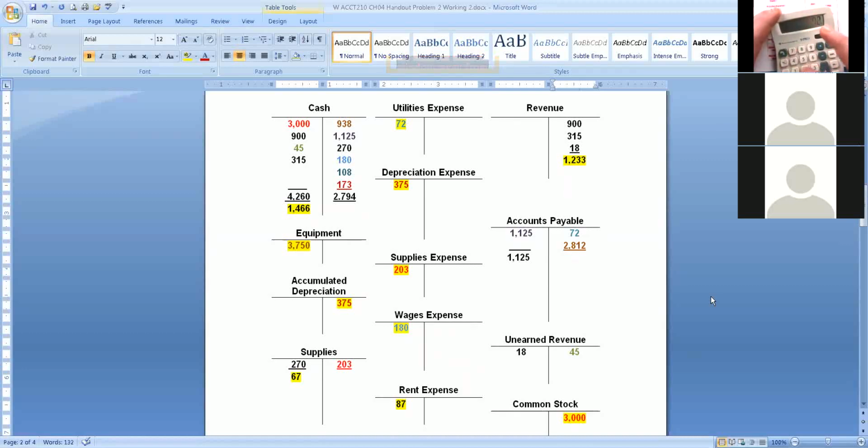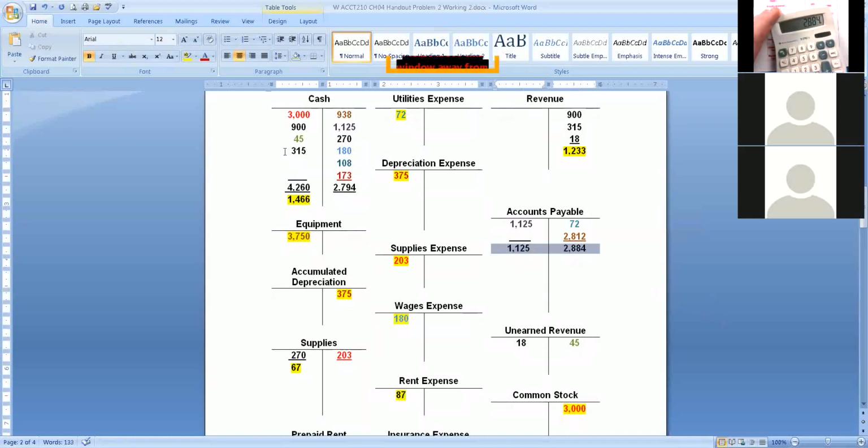Let's start out with 72 plus 28. So 2884 minus 125, 1759.